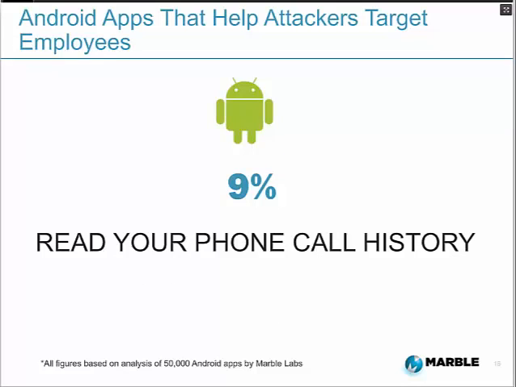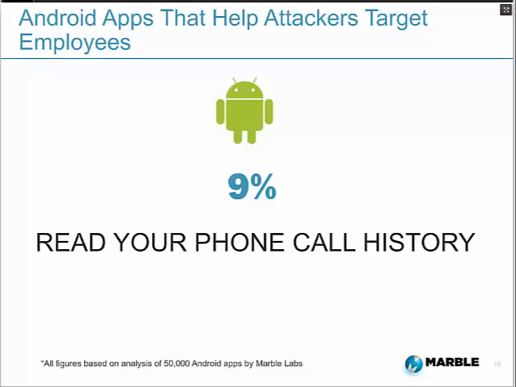9% of apps read your phone call history. That helps hackers target your employees, similar to the way that reading all of your SMS messages helps them target employees. Reading your phone call history and sending it off the device really helps create an attack profile in almost the same way that the NSA creates these graphs of who's talking to whom.